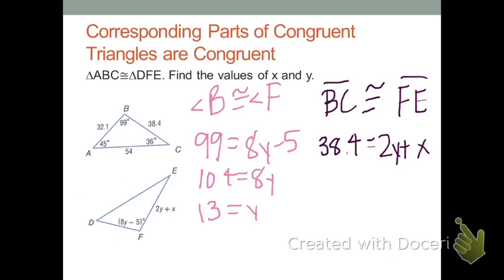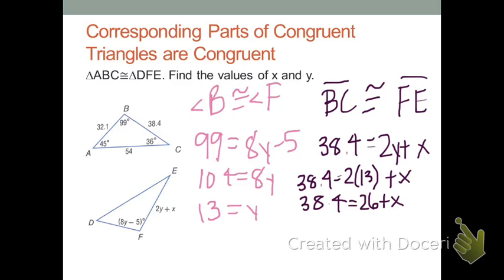And since we already found y, we can plug in. So we get 38.4 equals 2 times 13 plus x. So that is 38.4 equals 26 plus x. So then you get x equals 12.4. So there's our x and there's our y.